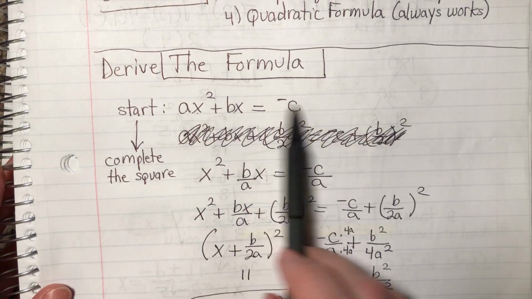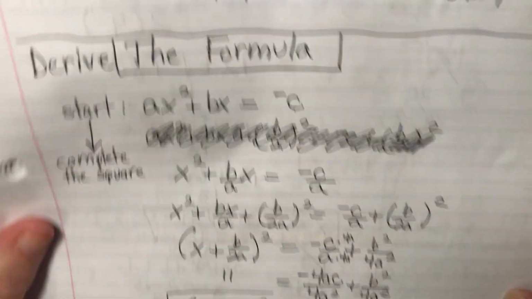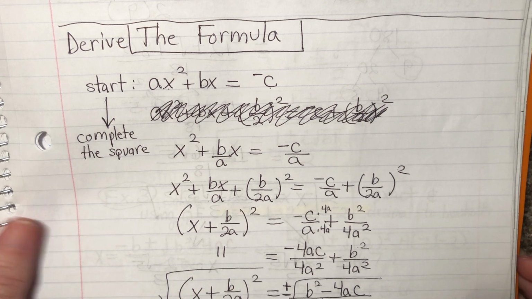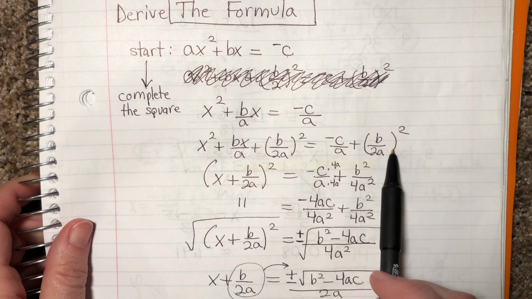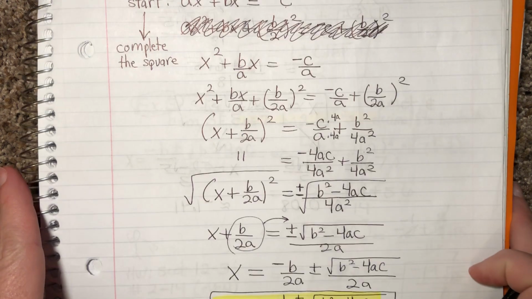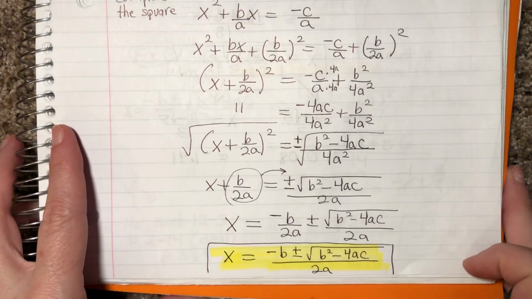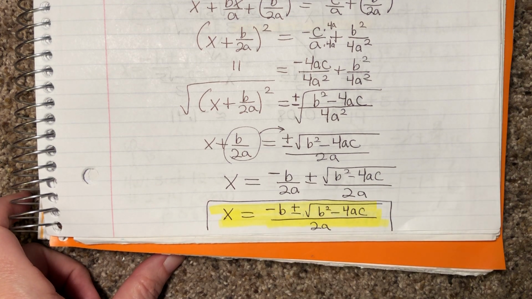So if I start with this, and I complete the square, it's kind of hard to see here. Let's see. There's not much room, but let me move this over. See how I'm adding something square to both sides? You get a square, you get all this mess over here, you take the square root of both sides, you put this piece on the other side, blah, blah, blah, blah, and voila, you get to the quadratic formula.